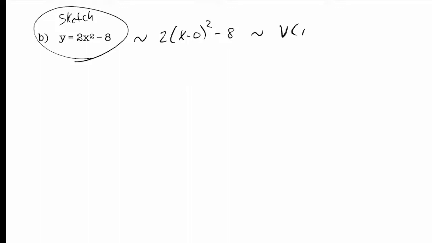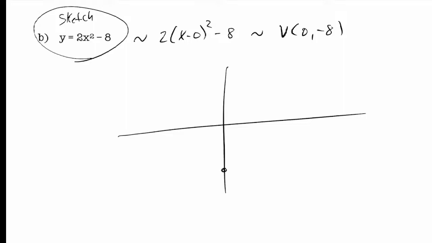So I know the vertex of this quadratic is (0, -8). So I know it starts somewhere down here at (0, -8), and I know that it opens upwards. So I know it's going to look something like this.